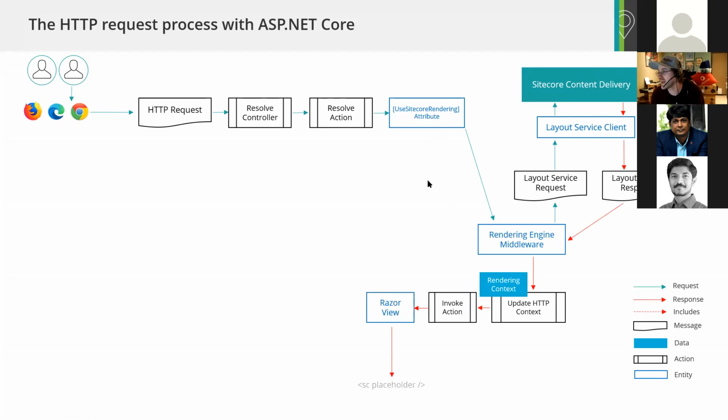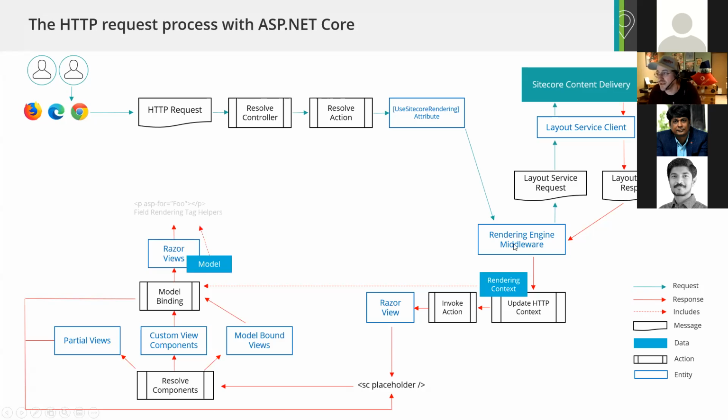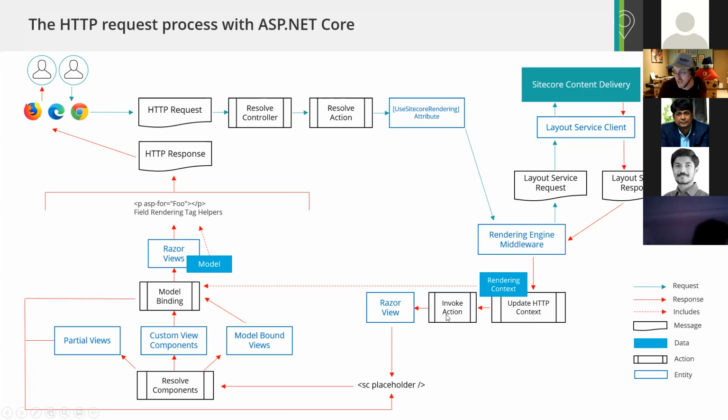And a response will then come back from content delivery to our middleware. And what the middleware will do at that point is just stash that response in what we call the rendering context, and then invoke your MVC action. So just like in regular MVC, that's going to usually result in a Razor view being rendered.